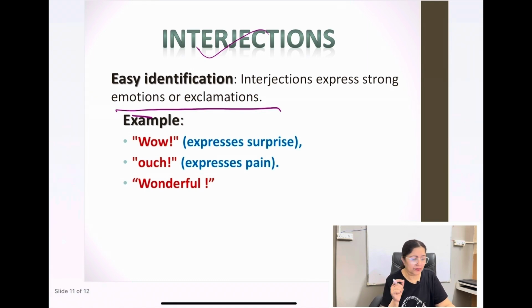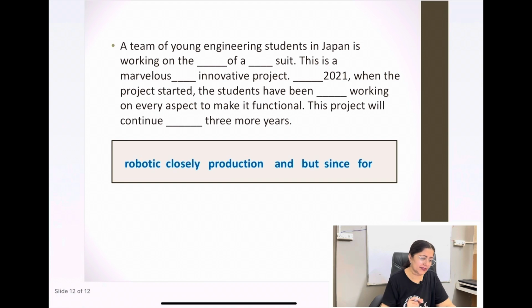So interjections really don't have any specific function in your reading fill-ups, but for PTE Core, for read aloud, you need to make use of them. Okay, now doing the last passage will make you understand what we have learned and how to apply that. Okay, just read it out.